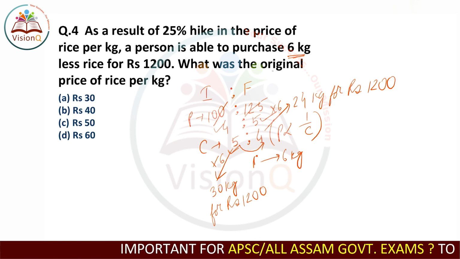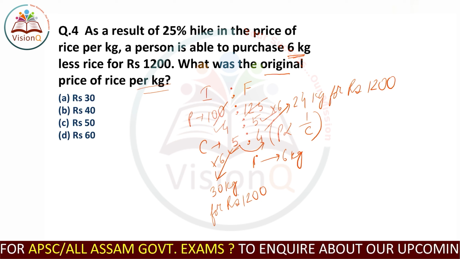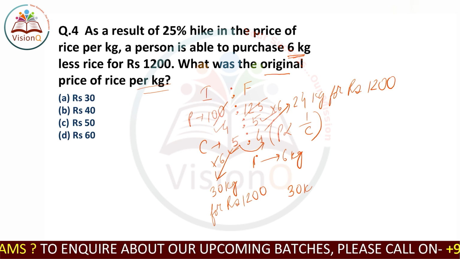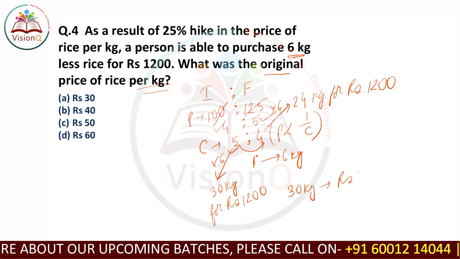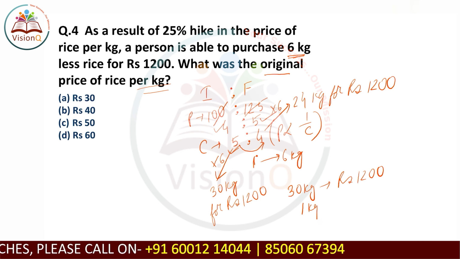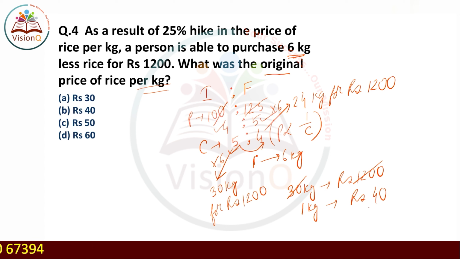It is asked to find the original price of rice per kg. Original price means the initial price. So if the initial price of 30 kg of rice is rupees 1200, it is asked to find the price of 1 kg of rice. It is 1200 divided by 30. The answer will be rupees 40 per kg.